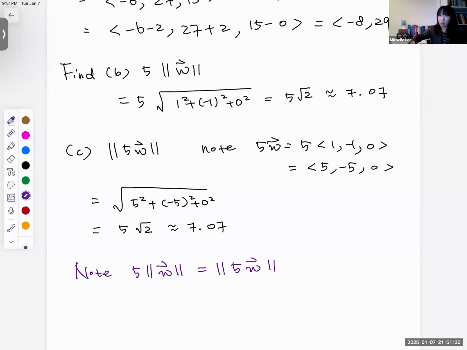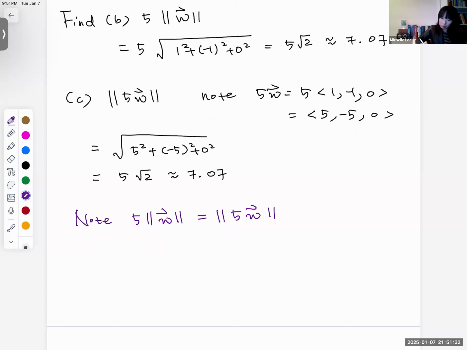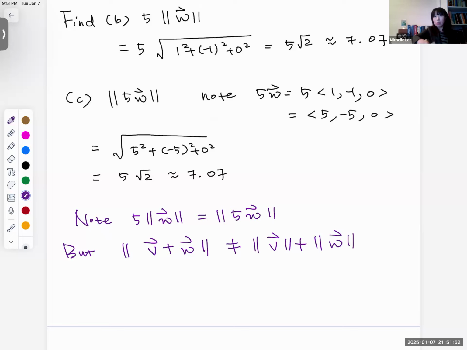But the magnitude of v plus vector w is not equal to the magnitude of v plus the magnitude of w. Would you like to check this one? So not the same, right?